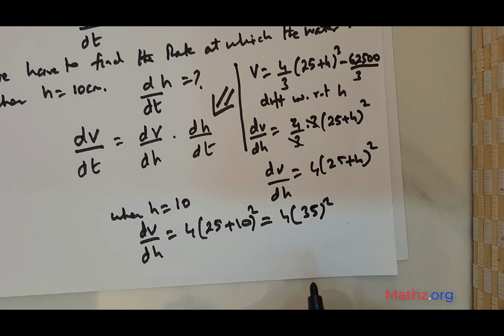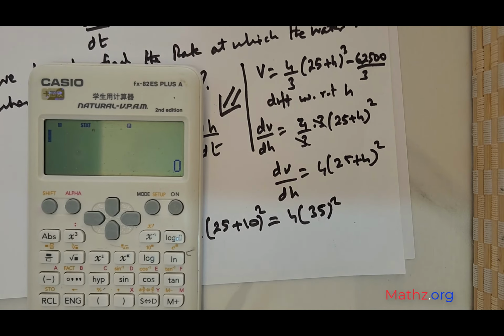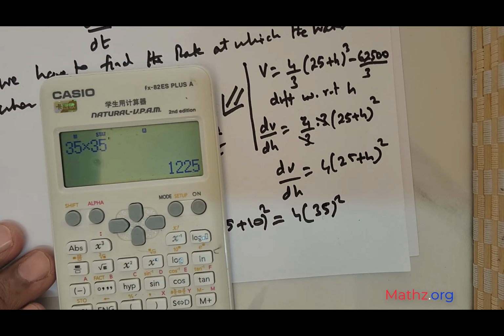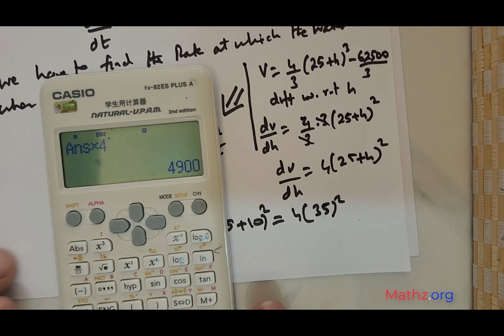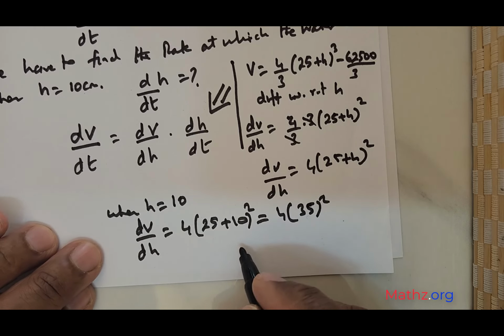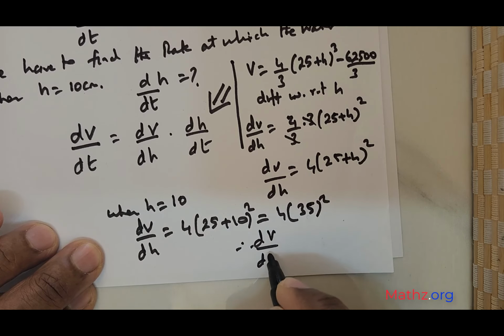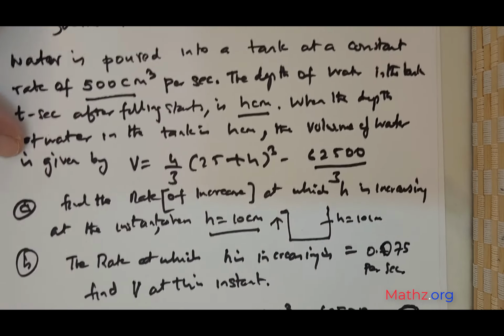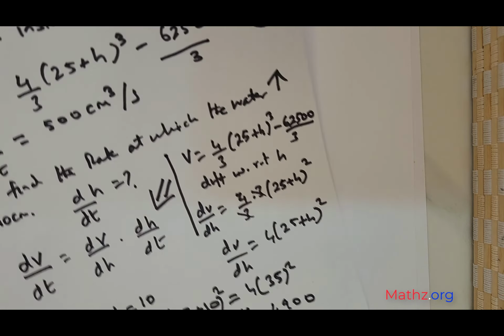You can use your calculator and find what happens when you have 35 into 35. That's 125. And that has to be multiplied with 4. And that would give you 4900. So therefore dv over dh is 4900.